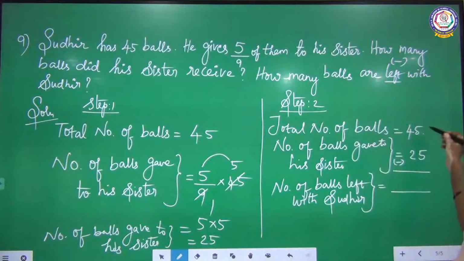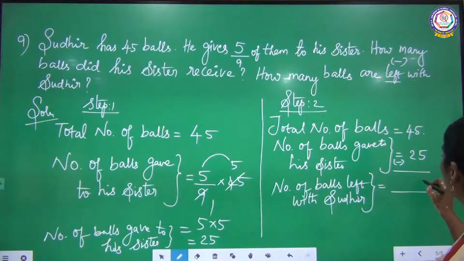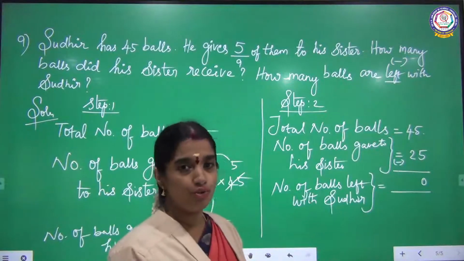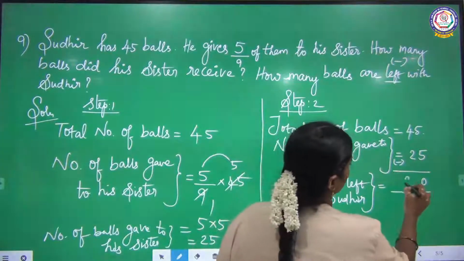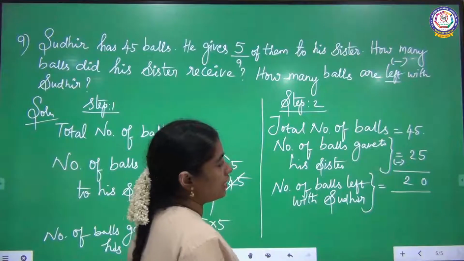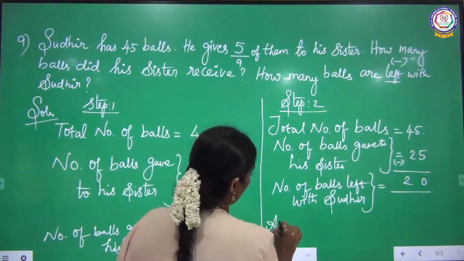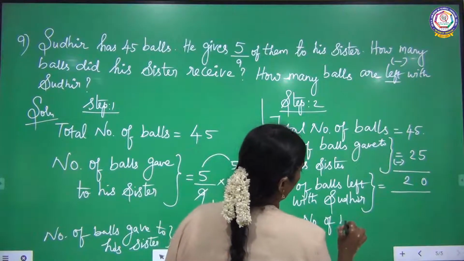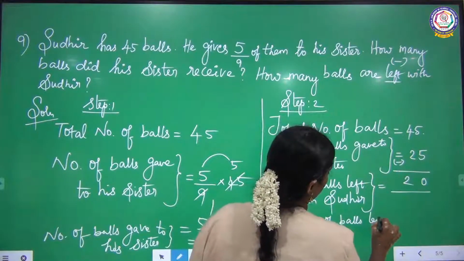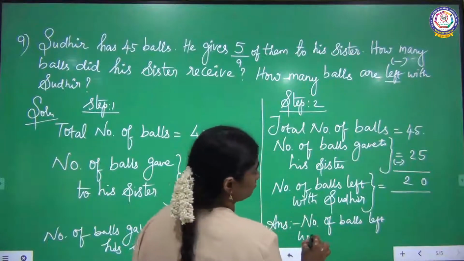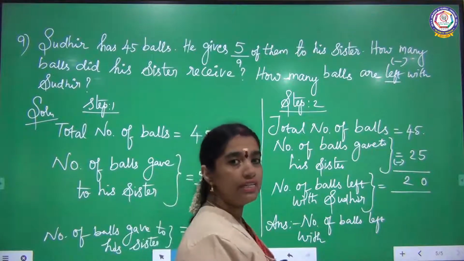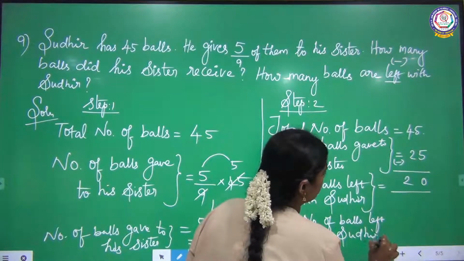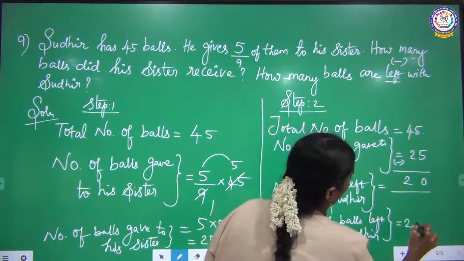Listen children, 5 minus 5, 0. 4 minus 2, 2. So, 45 minus 25 is 20. So, my answer, number of balls left with Sudhir is 20 balls.